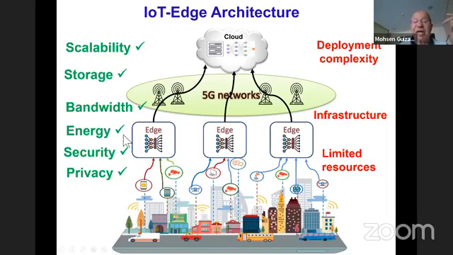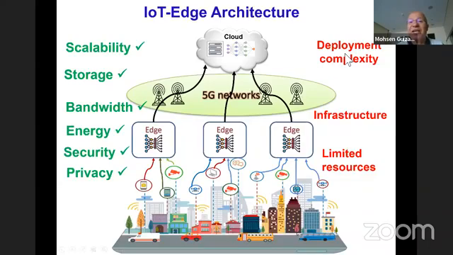Energy is, and so on. And security and privacy, we are no longer sending the raw data where it can be attacked or eavesdropped at the network or at the cloud. So we are no longer having these challenges. But with this, we introduce new challenges.